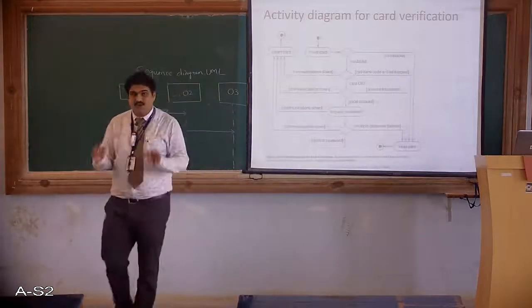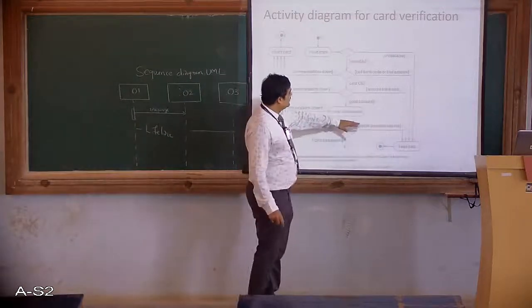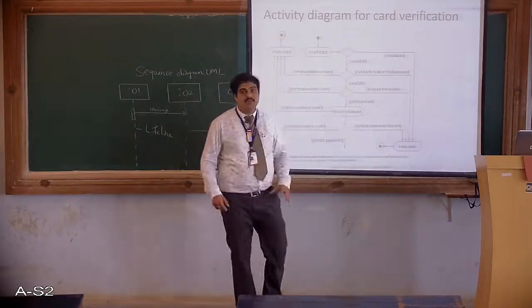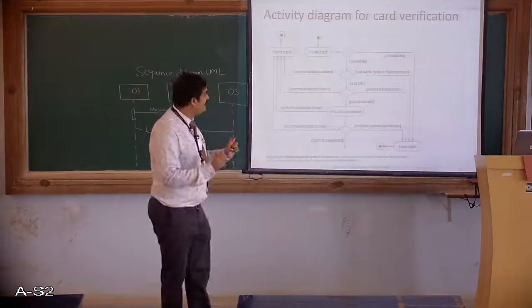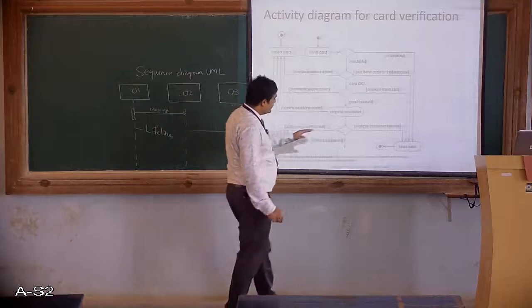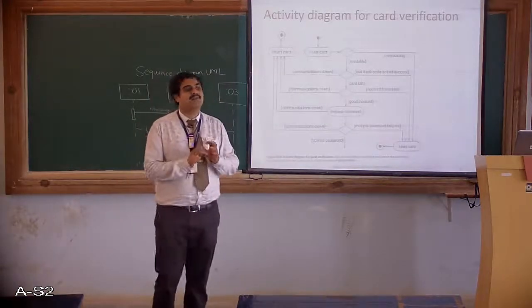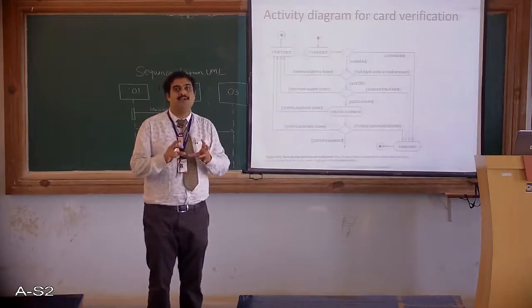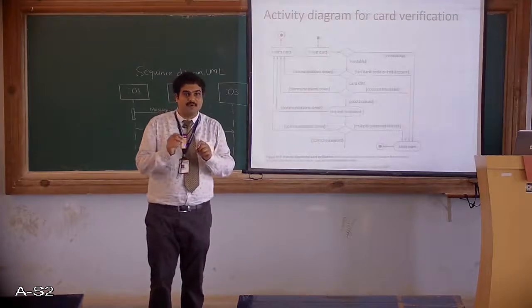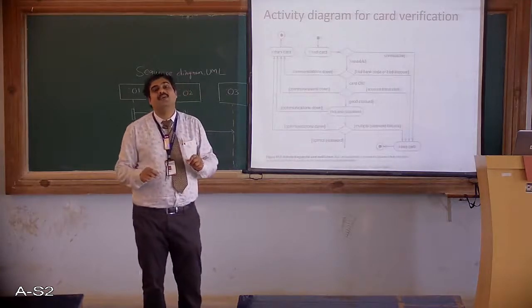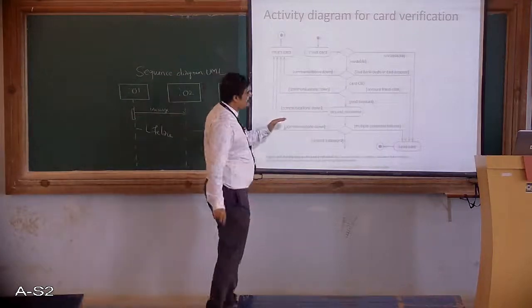Whenever you enter the password, there is a possibility of a wrong password, or maybe you tried three to four times with multiple failures, and that also needs to be taken care of. So the activity diagram can be used to show the multiple aspects of the errors, or the real problems you may face in your system.